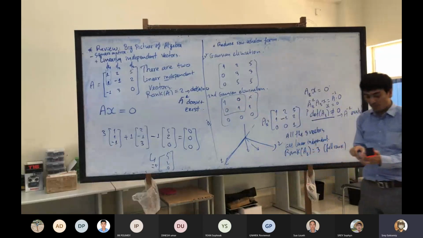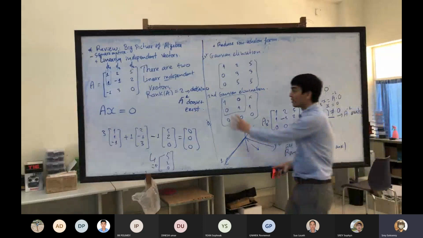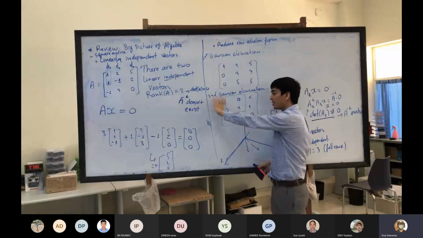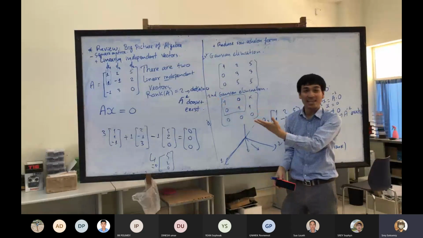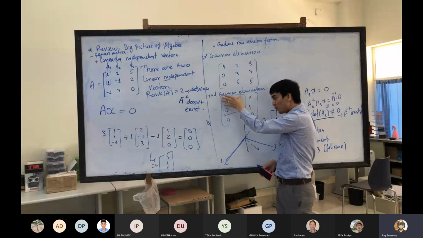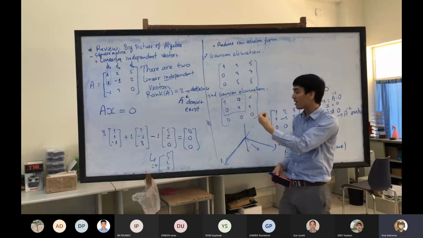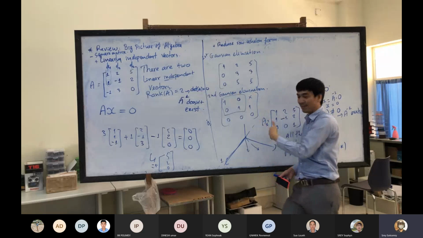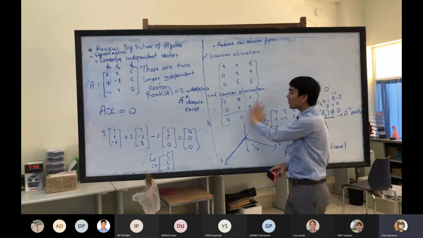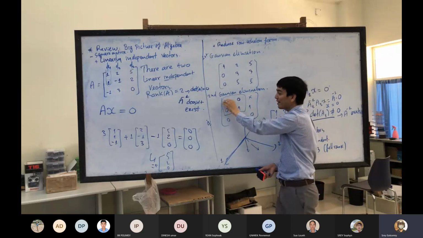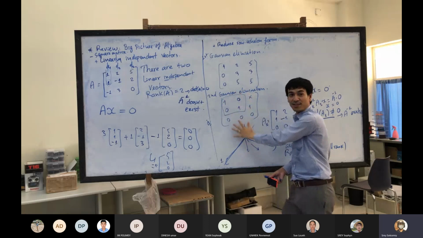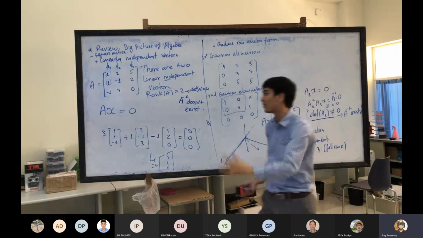So reduced row echelon form is the way to have an identity matrix according to the rank. If it has two rank, you will get an identity matrix with two dimensions. If you have three rank, you get all. But if you have only one rank, then you get only one here and all zero. This is echelon form.